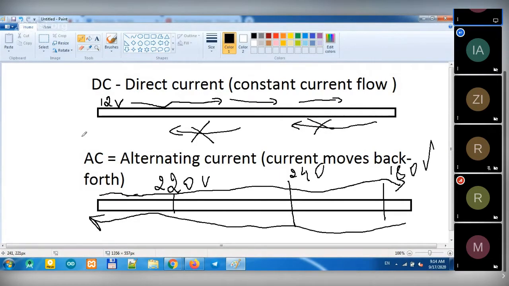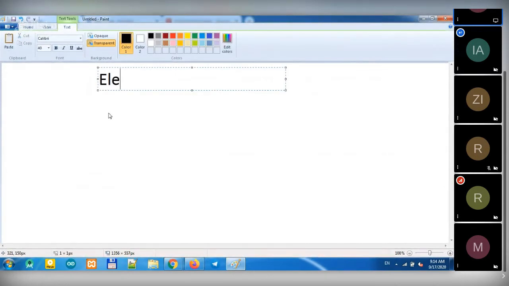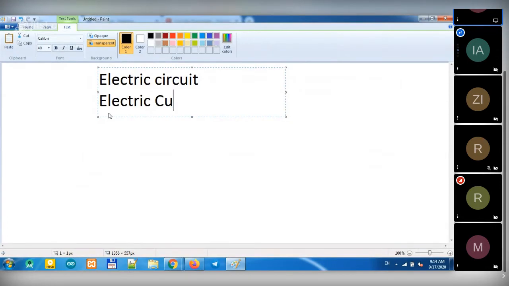Okay, so let's review. Today we saw electric circuit first, right? Electric circuit, electric current. What else?